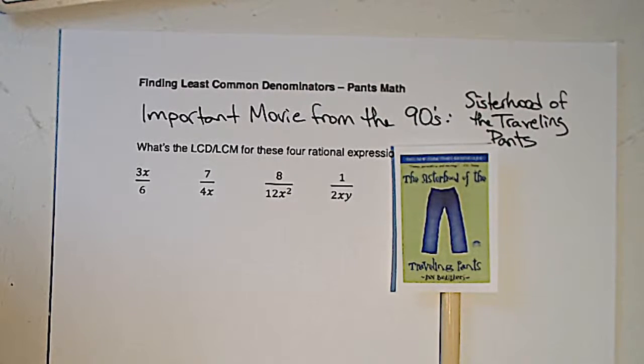A magical pair of pants that anytime someone puts them on, no matter who they are, they magically fit, which, as a person who is on the small side, whenever I've tried to buy pants, they're way too long for me. So a pair of magically always fitting pants seems awesome.